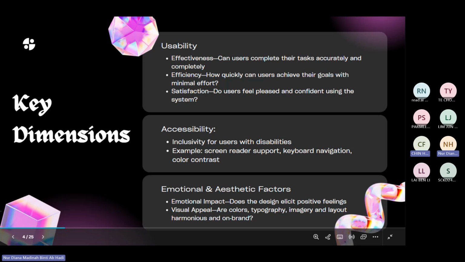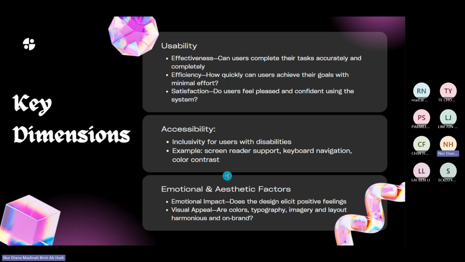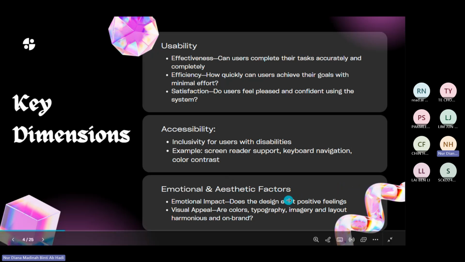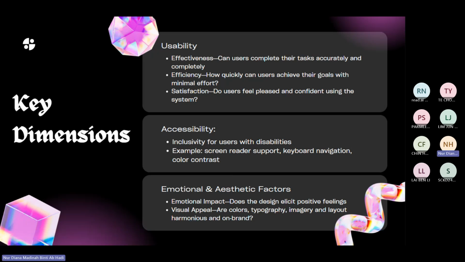Next, we need to consider the user's emotional and aesthetic factors. When we talk about emotional, you must ask the question: did my design elicit positive feelings or negative feelings? For example, you use a bright red color for your application.